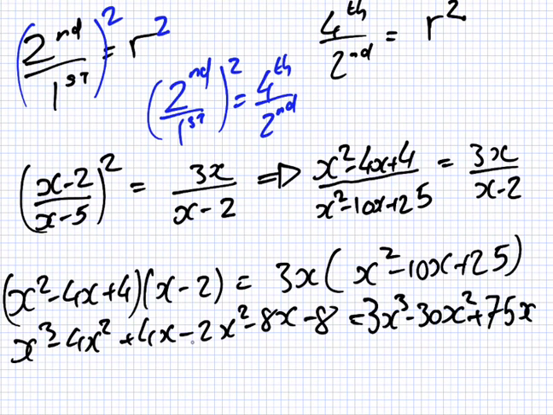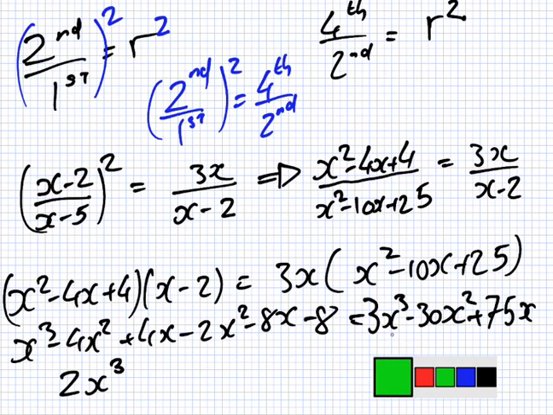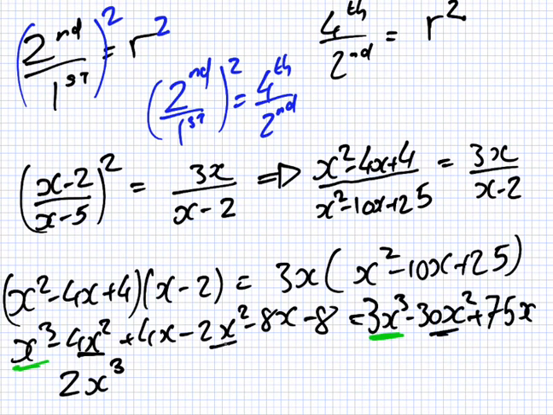Taking all the terms to one side, take everything to the right, I'd get 2x cubed minus 30x squared, let me underline it. So first I looked at the cubes, now I'll look at the squares. That will be minus 6, so minus 24.